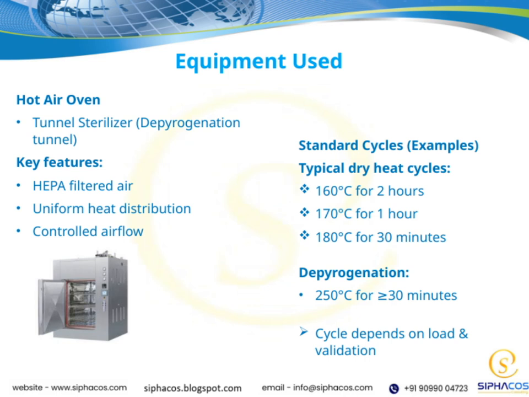Uniform heat distribution is critical so that every part of the load reaches the necessary temperature. And controlled airflow ensures that heat is evenly spread throughout the chamber, making the process reliable and repeatable. Overall, choosing the right cycle and equipment depends on what we're sterilizing, the load size, and how we've validated the process to meet safety standards.